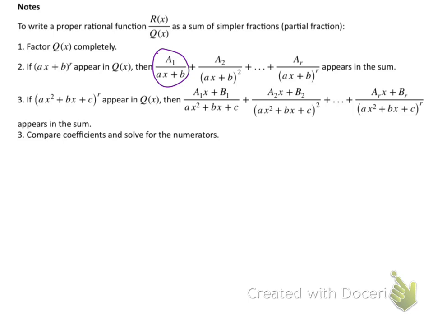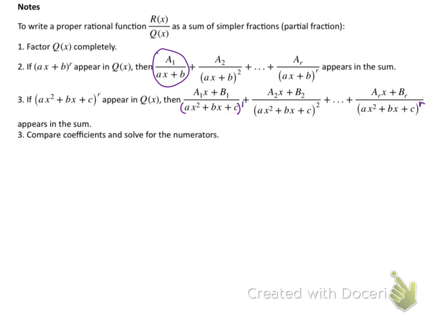Same thing, you go from the first power of the quadratic factor all the way to the highest power that it shows up in the denominator. For each of them, you pair it with a linear numerator, aix plus bi. Okay, so that's the case for quadratic factors.